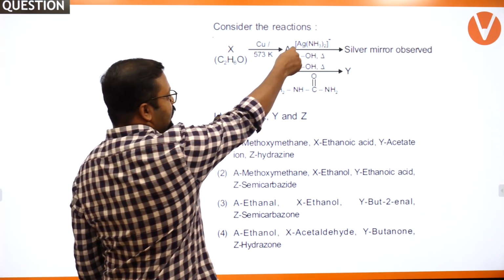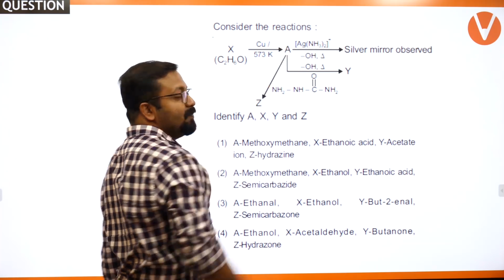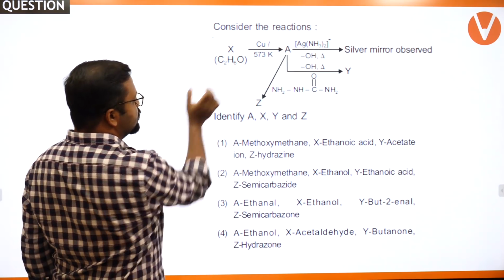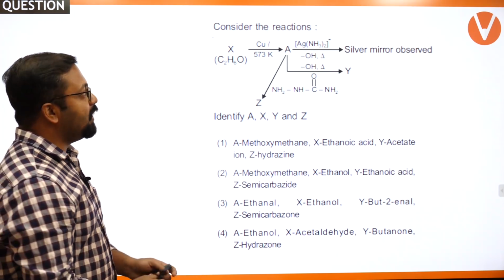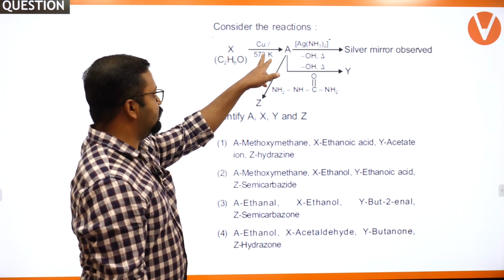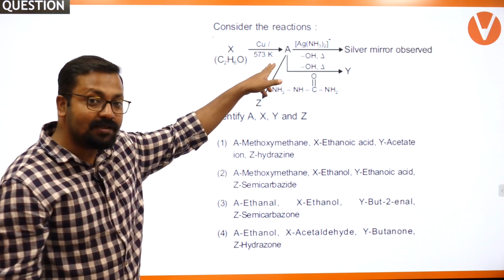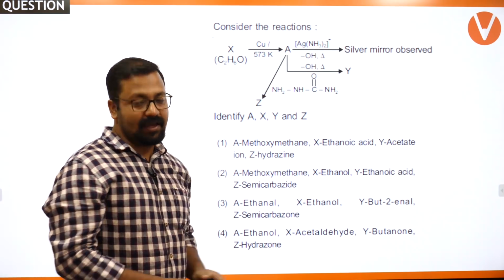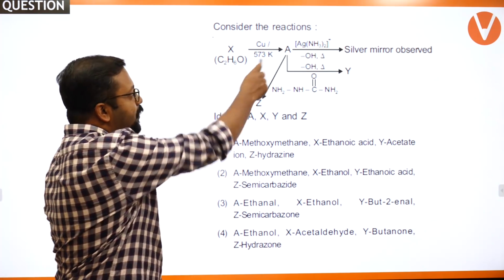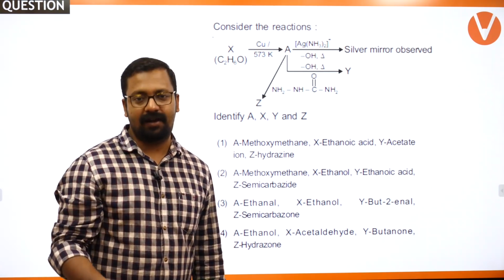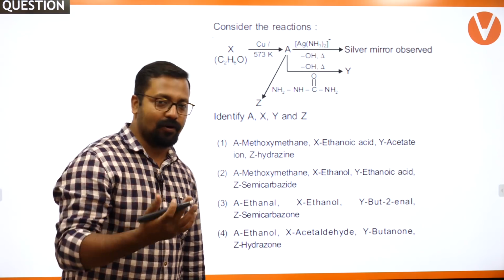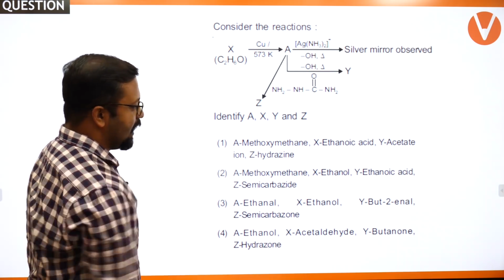That means this A is an aldehyde, and this substance which is treated with copper at 300 degrees Celsius functions as an oxidizing agent. What kind of a compound which contains oxygen gives aldehydes? It is a primary alcohol. So X should be a primary alcohol.